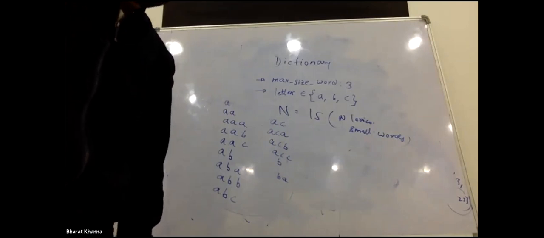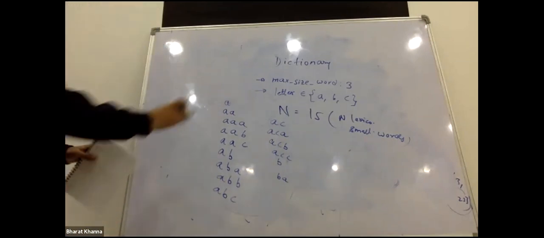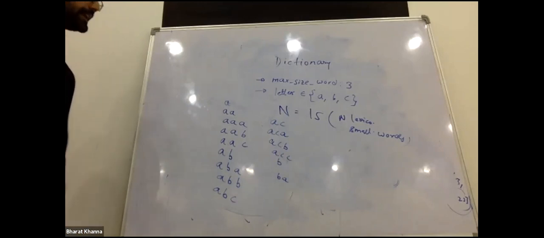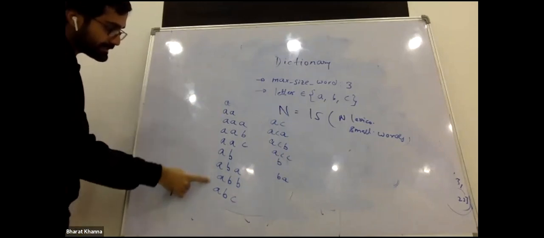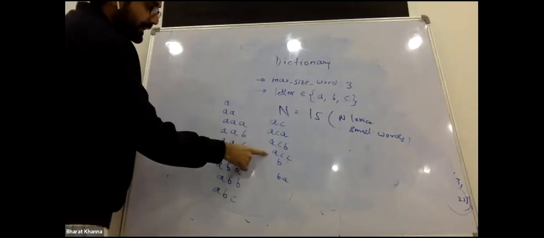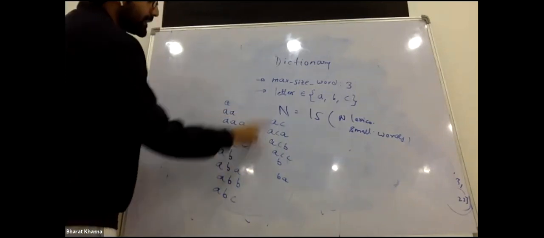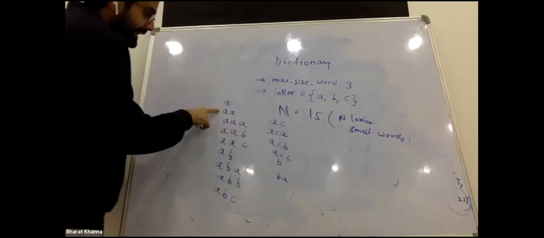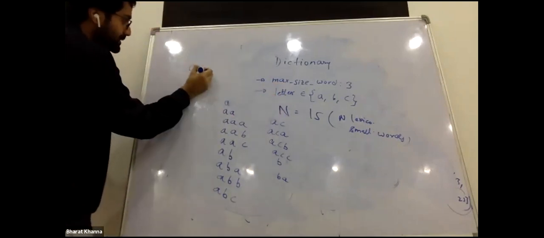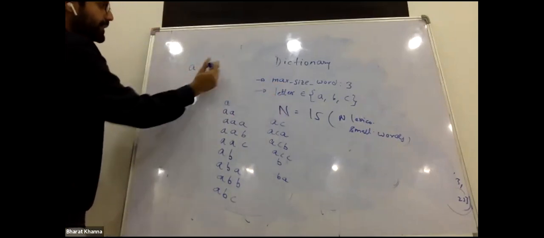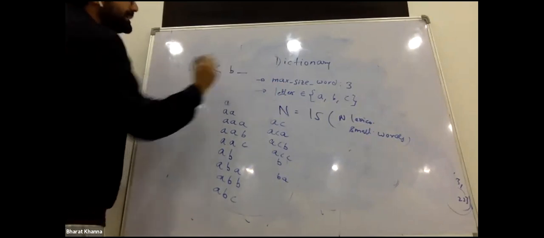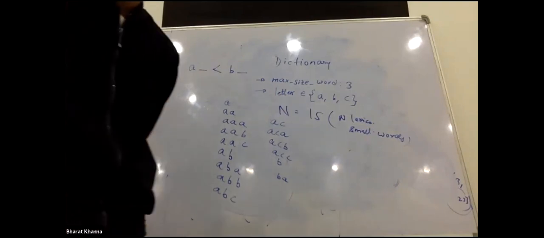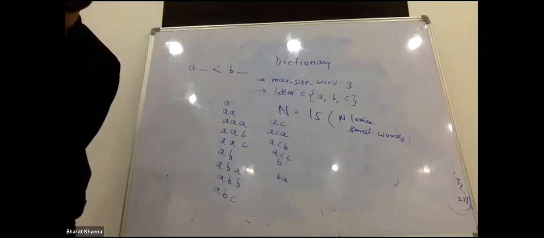Mansi says AB. Mansi, not just after A, you will not immediately get B, right? Because after A, there is a sequence of words that start with A. And all those words are valid words according to the rules. And anything that starts with A will always be lexicographically smaller than anything that starts with B. Did you understand now?